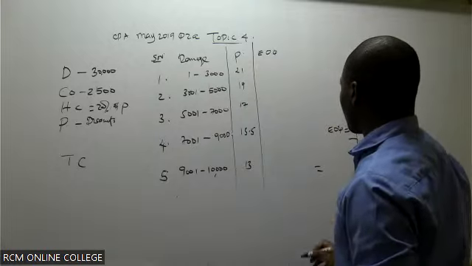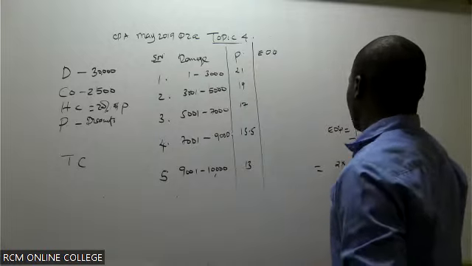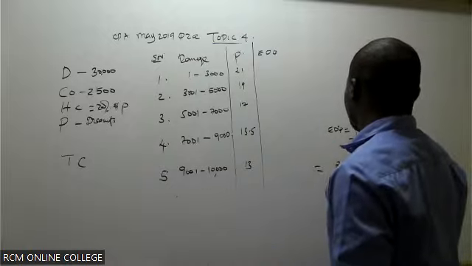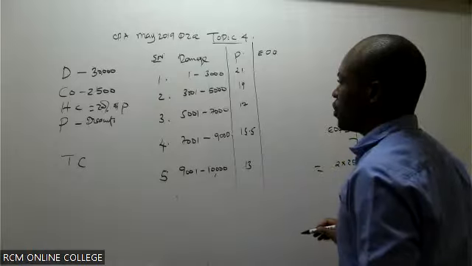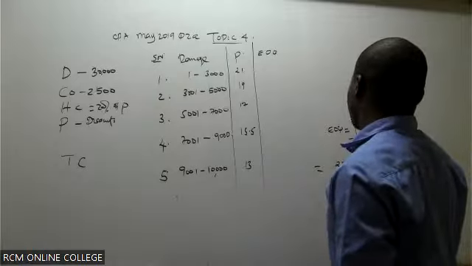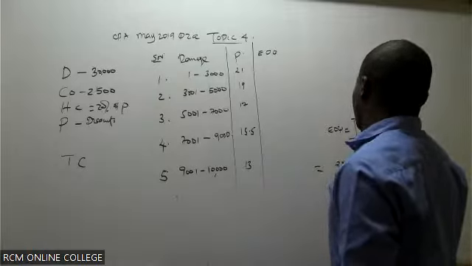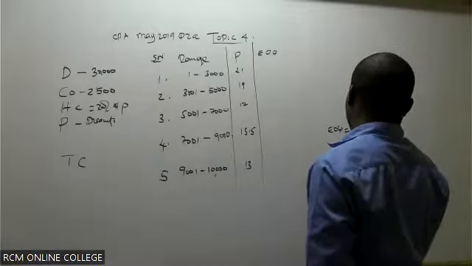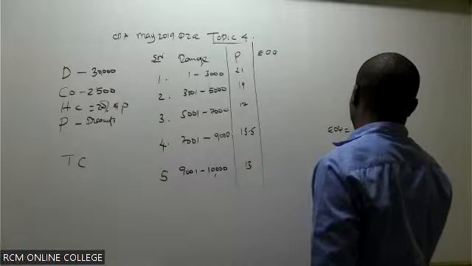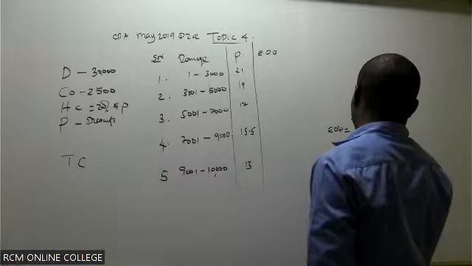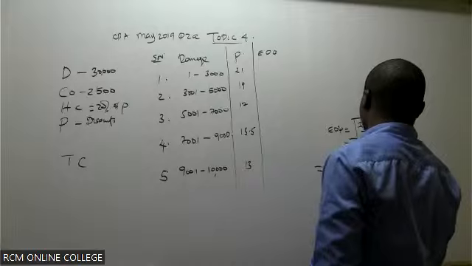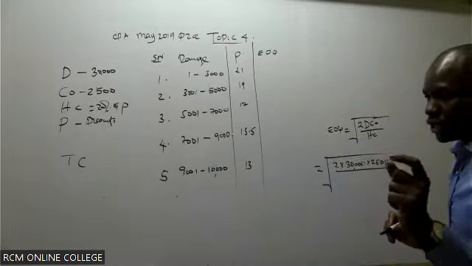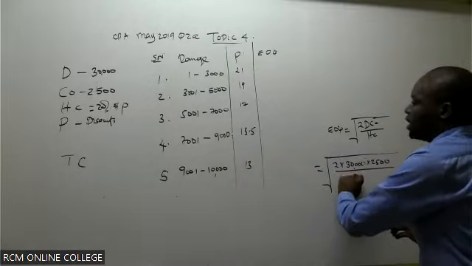Our model will be 2 times demand, which is 30,000, times ordering cost, which is 2,500, the whole of it. So look at this model. Numerator will not change. It is the denominator that is going to change.